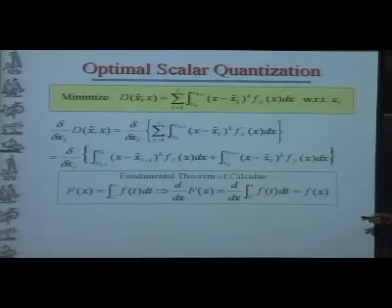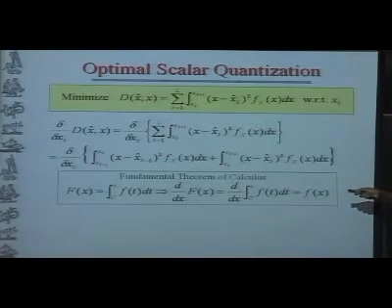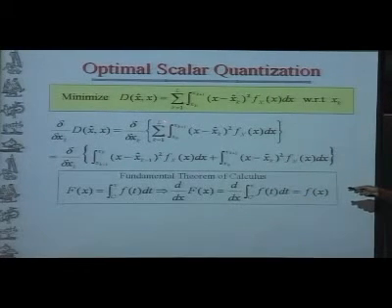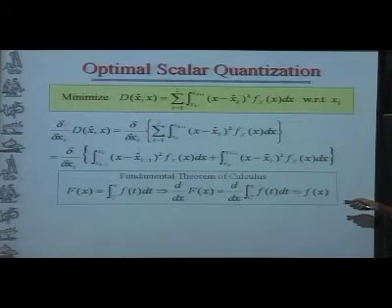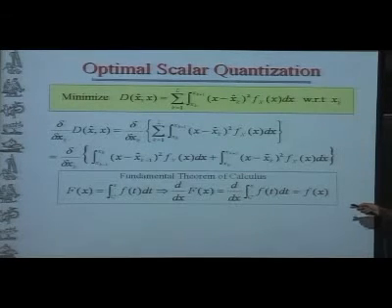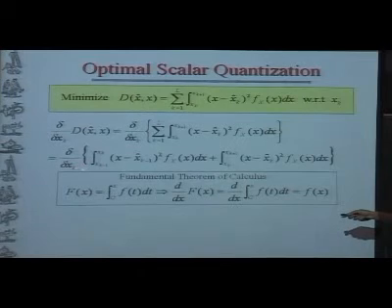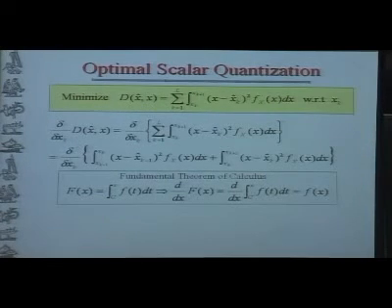Now, why do I only pick up these two terms but not the entire sum? I have L terms in the summation, right? Why do they all go away except these two? I'm taking the derivative with respect to xk, so x0 will not come into play, xL will not come into play.